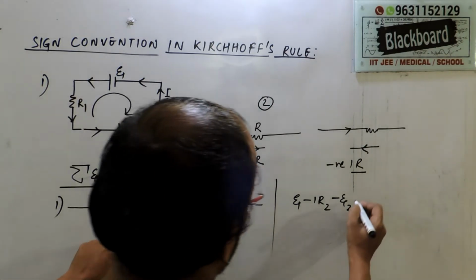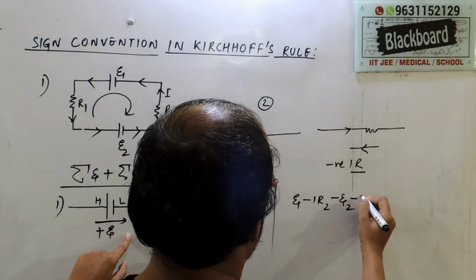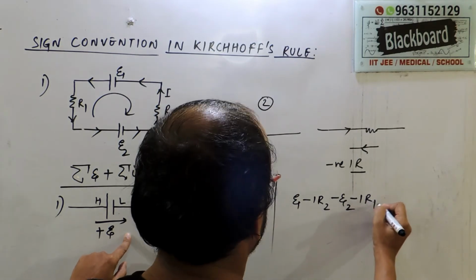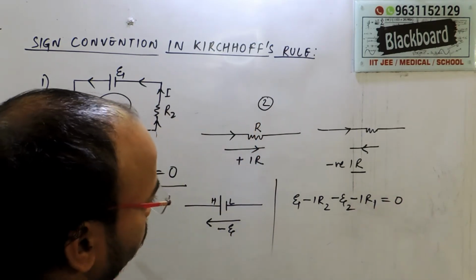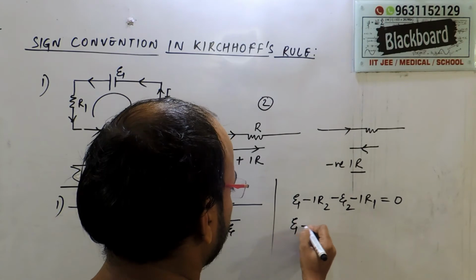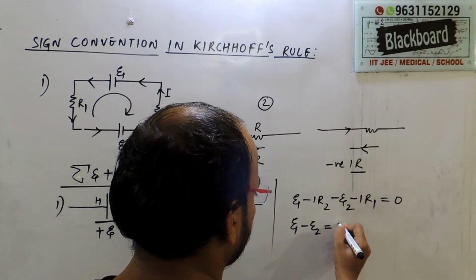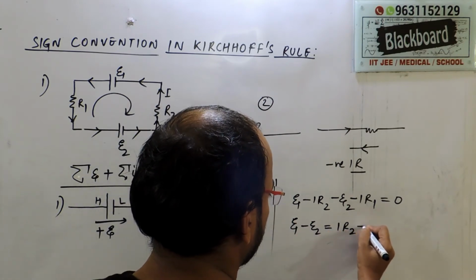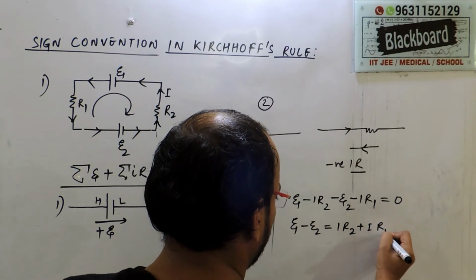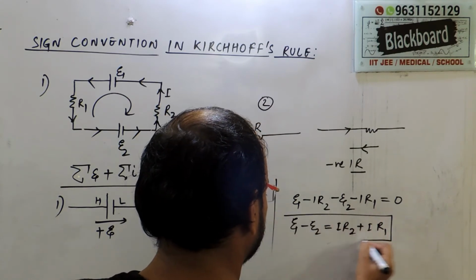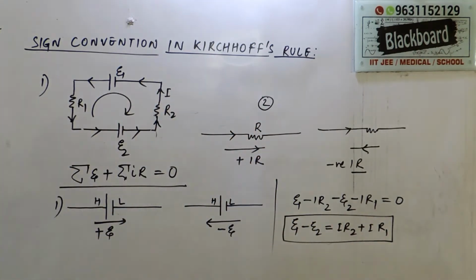Here this is your minus IR1 is equal to 0, and this is here E1 minus E2 is equal to IR2 plus IR1. You can write this. This is Kirchhoff's second law.